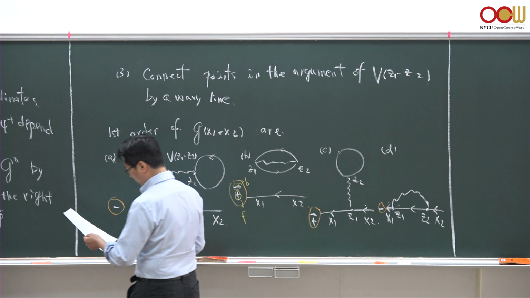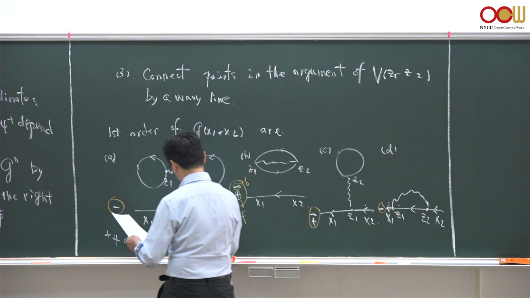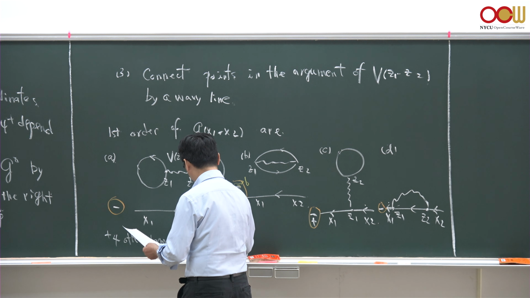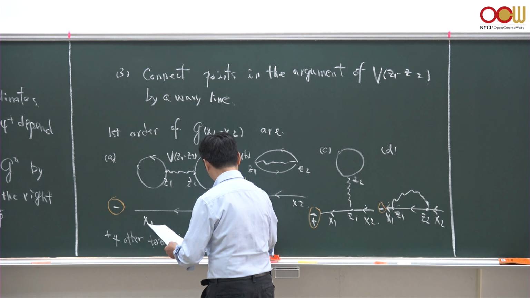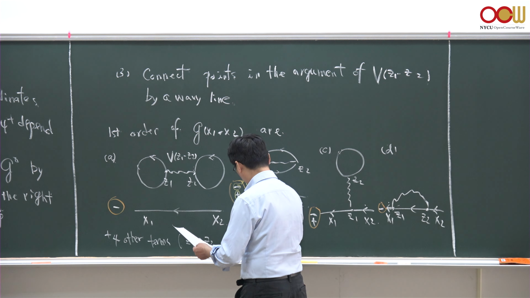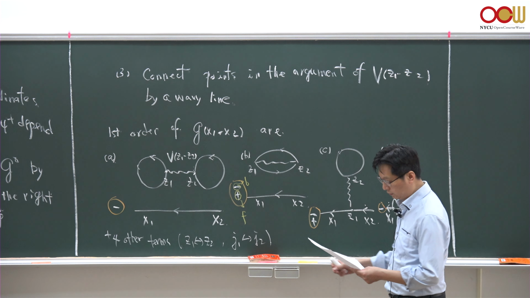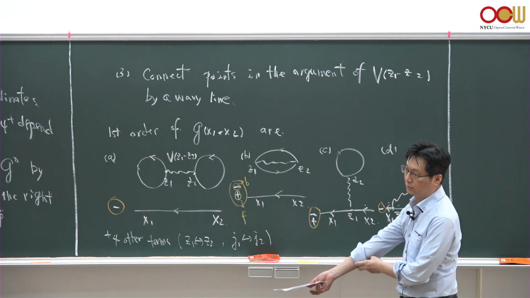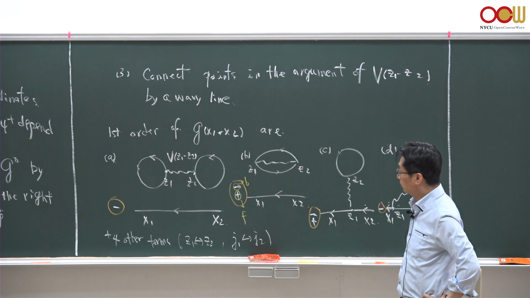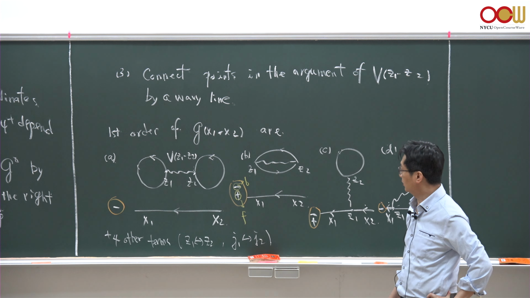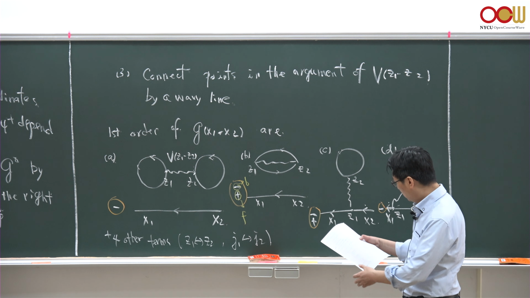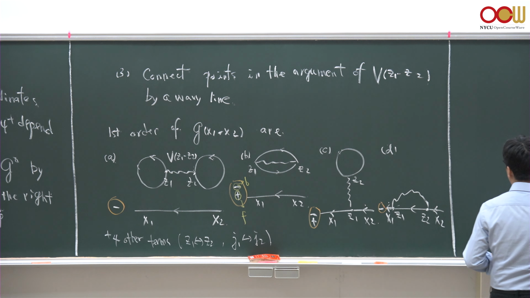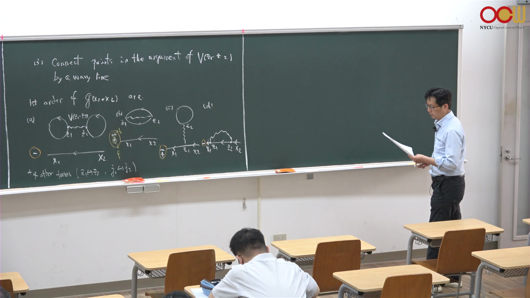Of course, there are other four terms which could be generated simply by interchange between Z1 and Z2, and also J1 and J2. So these are the first order corrections to the Green's function in the presence of the interaction that we discussed last time. So today we will go on to describe more details for these diagrams.